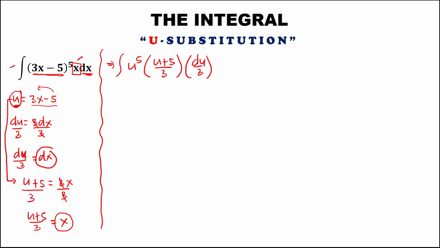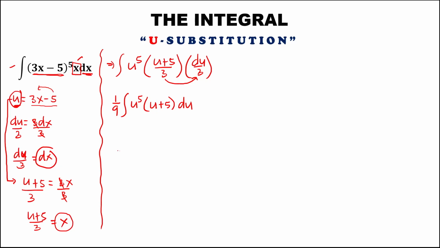Then to simplify, we need to put the constant outside. So multiply this 3 times 3. This one is 9, since 9 is the denominator. So therefore, we need to put 1 over 9 outside. Then we now have the integral of u to the power 5 times (u plus 5) du.